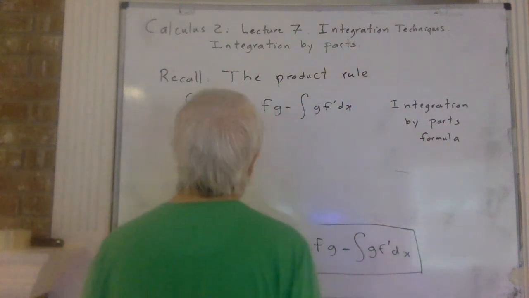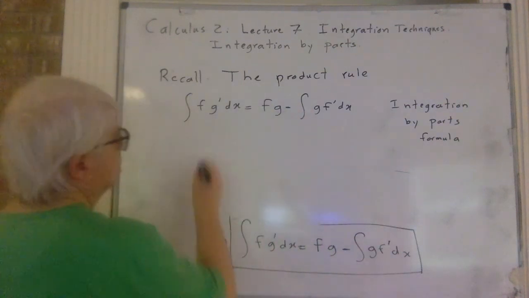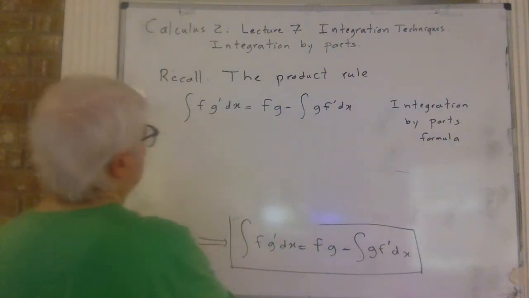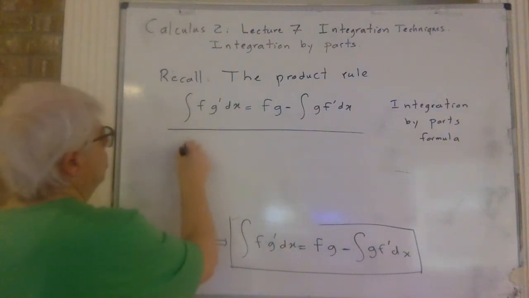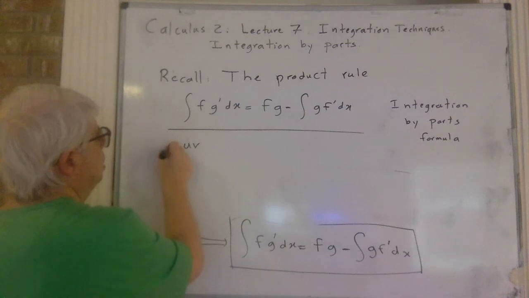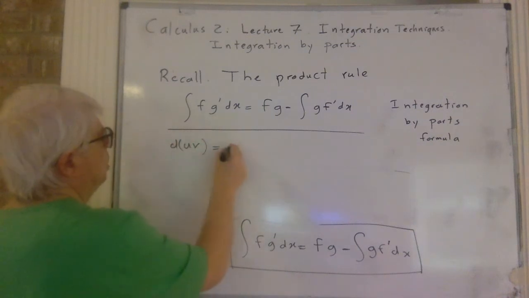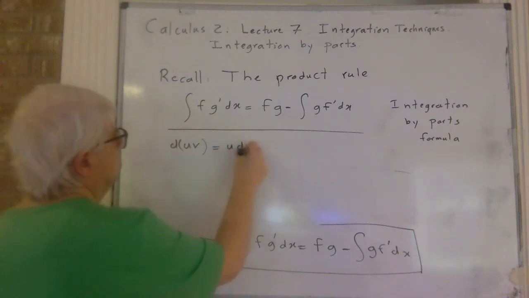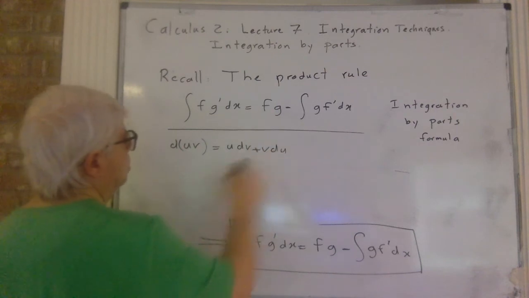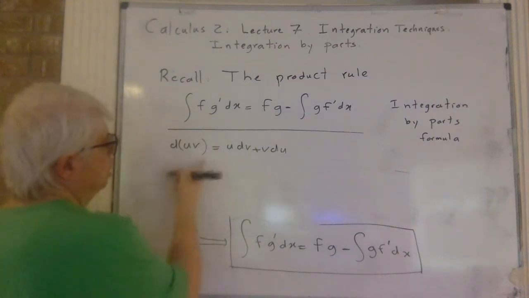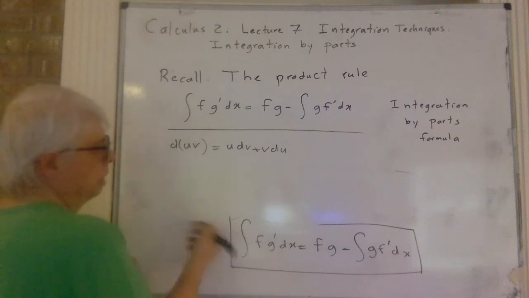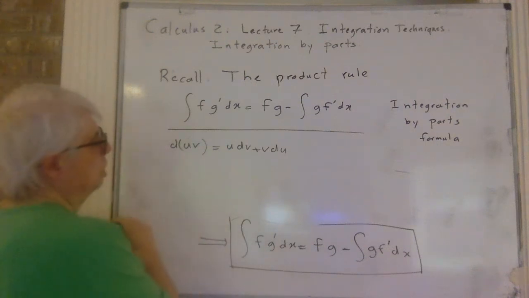Now, another formula which is interesting to look at. The other one was (uv)'. In fact, let me use d. d(uv) is u dv plus v du. Right? Now, what is d(uv)? That is like the derivative, so I'm using differentials rather than derivatives.